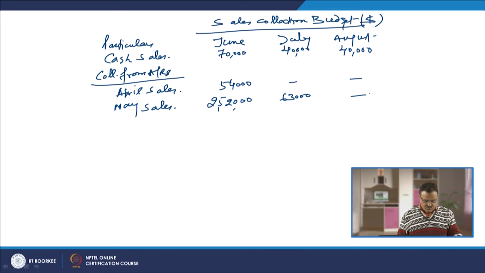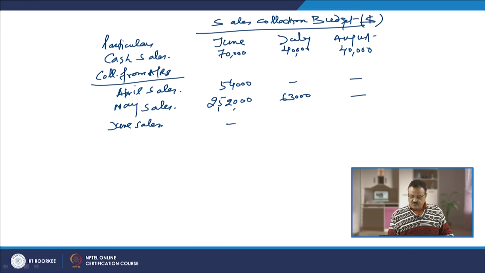Now, we go for the collection from the June sales. We have already collected from the June sales the 70,000 which was in cash, and nothing we are going to collect for the June sales in the month of June from the credit, because credit will be collected in the next month.